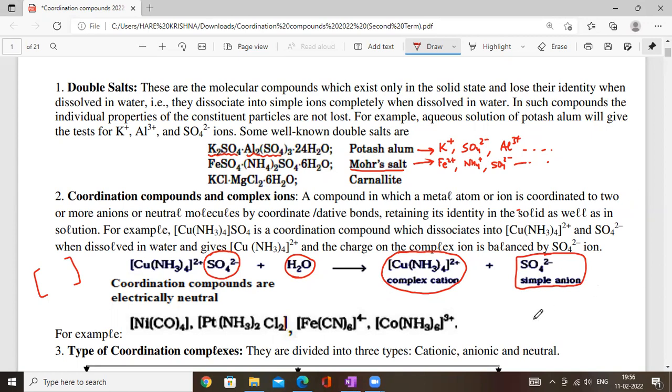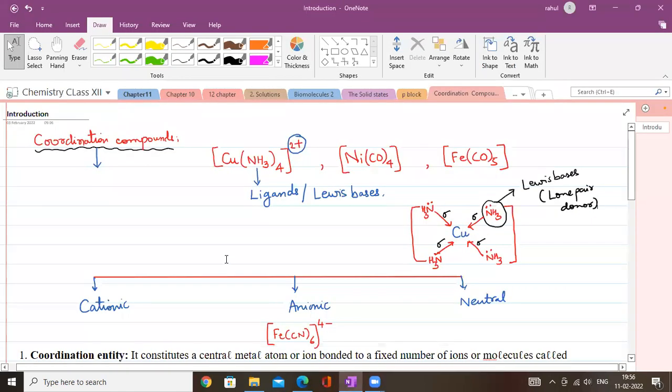We will be taking up the different kinds of coordination compounds. Let's start one by one. I can give you the first example of a coordination compound. Suppose [Cu(NH3)4]2+. So this ammonia is acting as a ligand over here. Another example is Ni(CO)4. Here carbonyl is acting as a ligand.